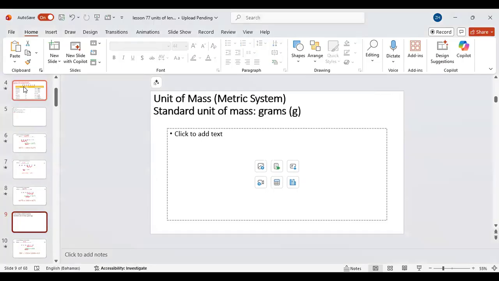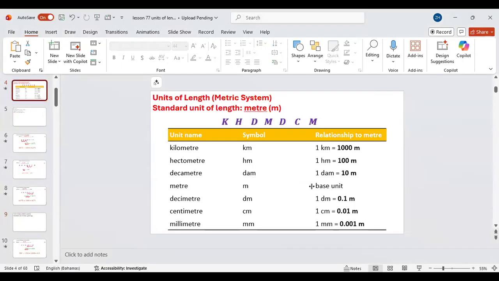With the meter we can go up and we can go down. If we try to make a similar table, we must use the grams to be able to do that, at least for mass.